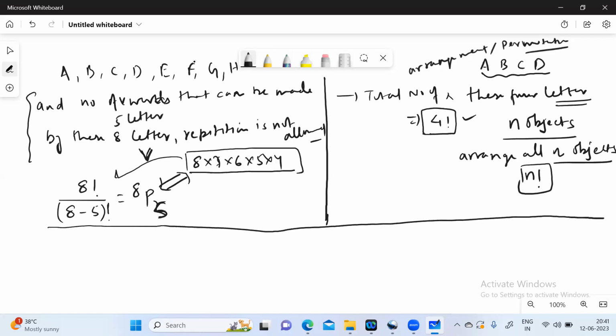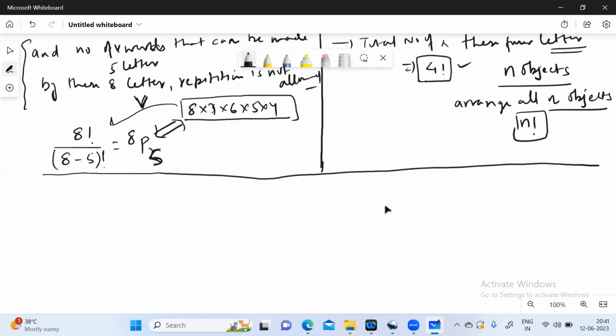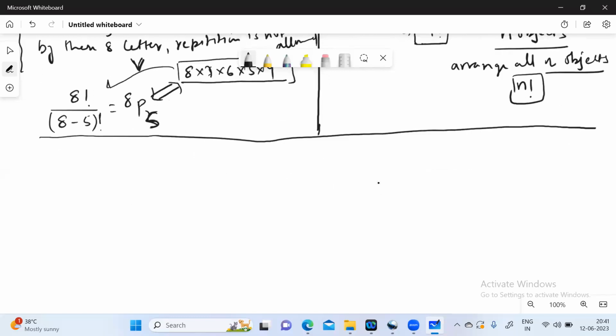And we also learned in the previous class that if you want to get the number of groups, like if we consider the same example here, A, B, C, D, E, F, G, H. 8 letters are there, and you want to make a group of 5 letters.